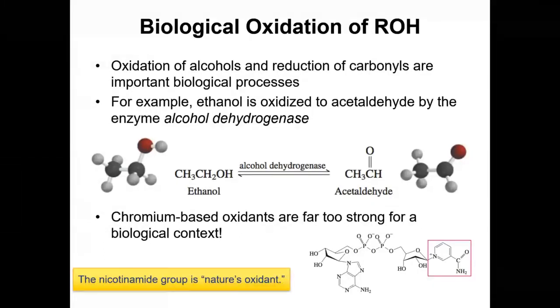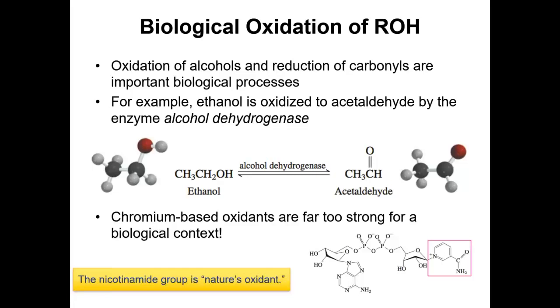When we oxidize alcohol in test tubes, we can use chromic acid, but chromic acid is too powerful and extremely toxic for biological systems. So alcohols can also be oxidized into aldehydes in biological systems, and this is one important reaction that happens when someone drinks alcohol.